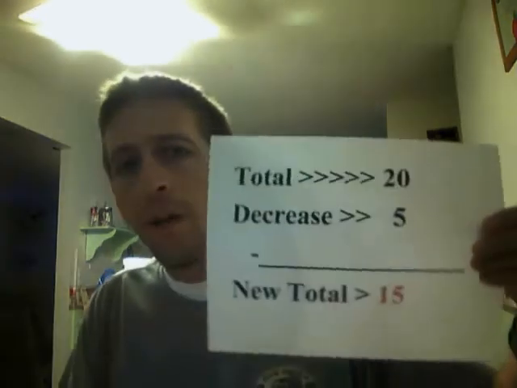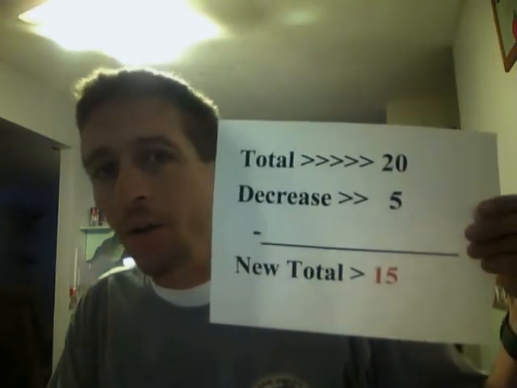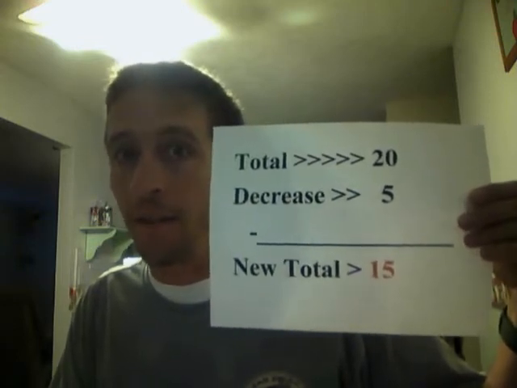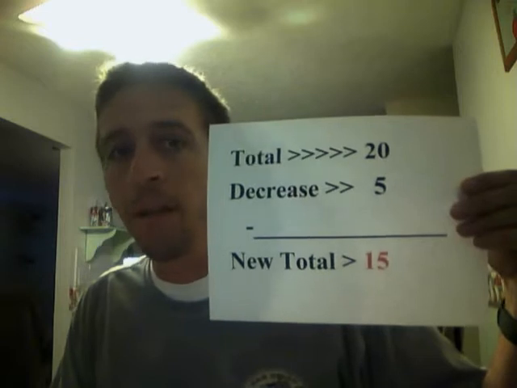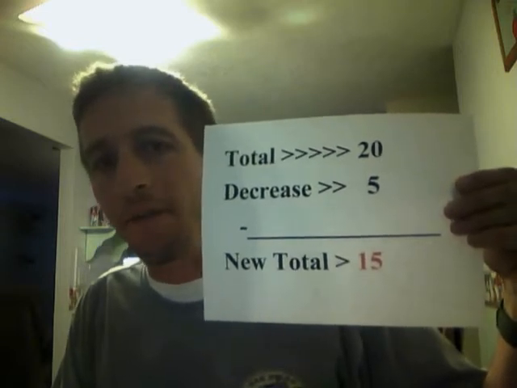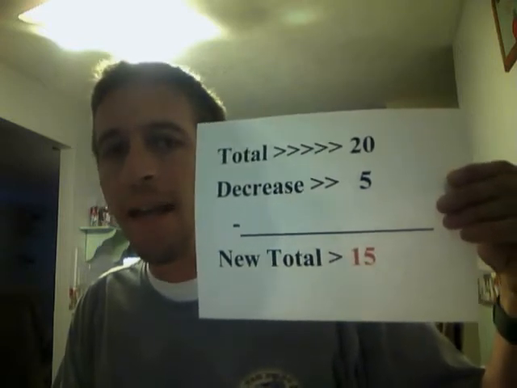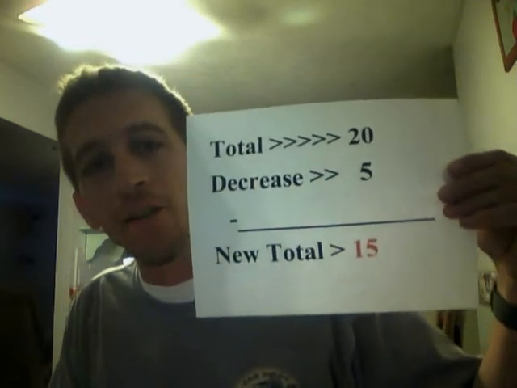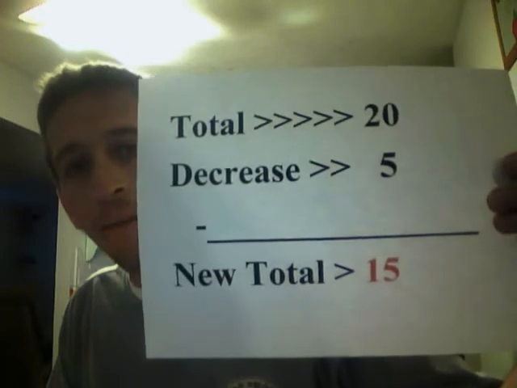Moving right along and looking at the numbers that we were just given, we have a grand total of 20. That is a total of 20 digits altogether. Now the story problem says there was a decrease of 5 in 2010. That means we will subtract 5 from 20, giving us a new total of 15.